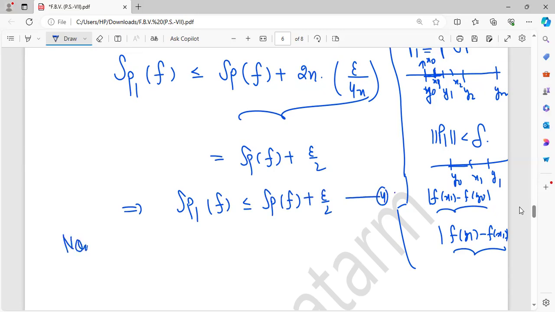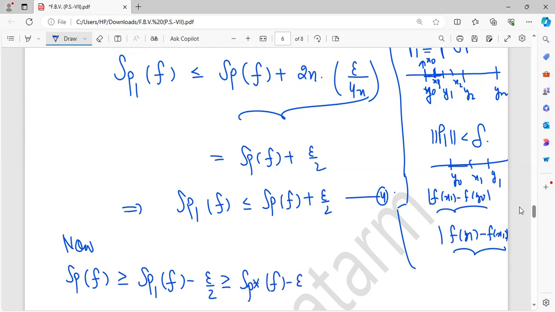Now, what we have? We have from equation 4, S_P f is greater than S_P1 f minus epsilon by 2. But S_P1 f is greater than S_P* f, which by equation number 1 is greater than V_f[a,b] minus epsilon by 2.